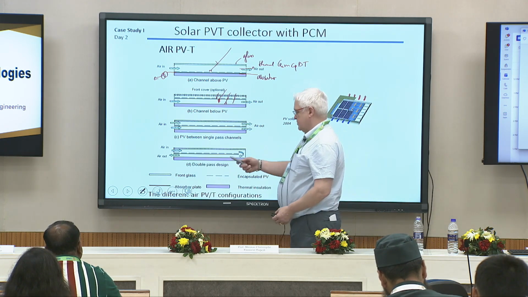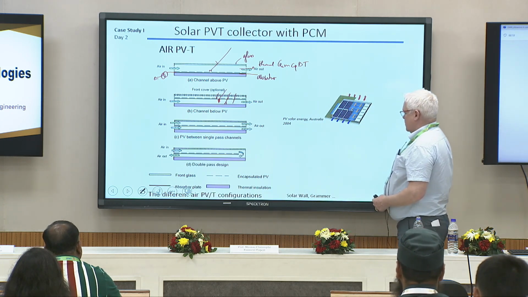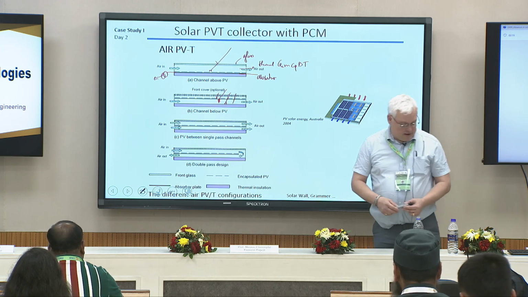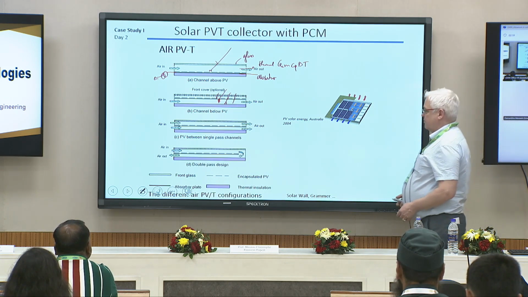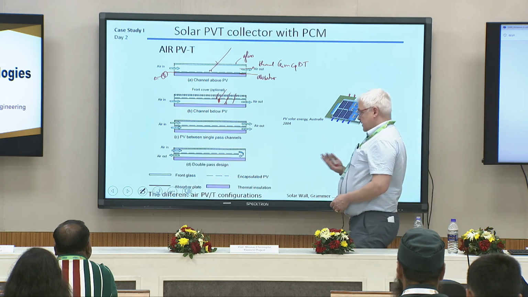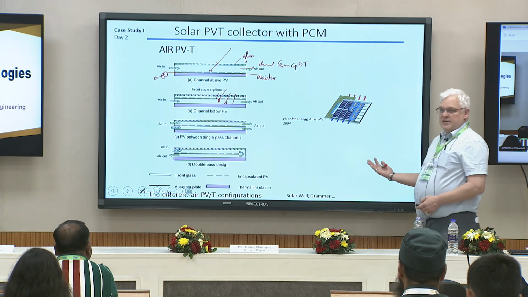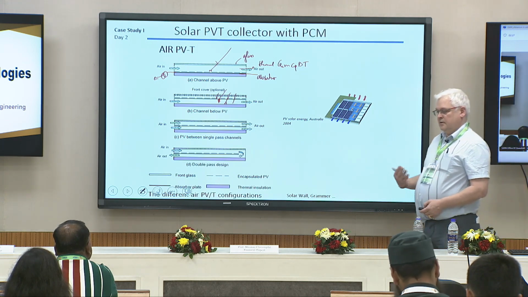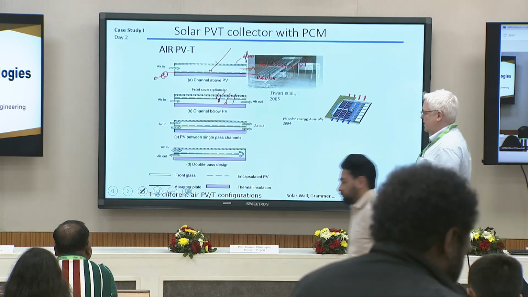With water, you can have a circulation like this around the absorber. Okay, so air is the simplest way to recover a part of it, but of course the heat capacity of air is less efficient than that of water, so you are recovering less.